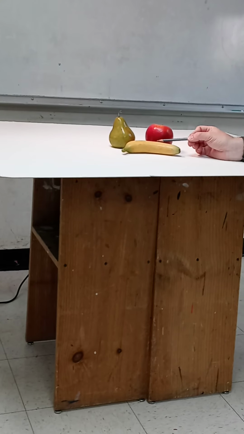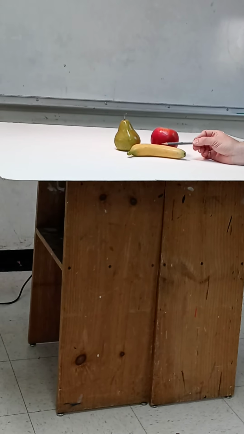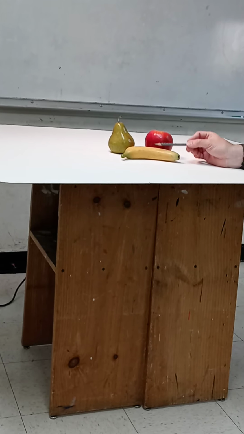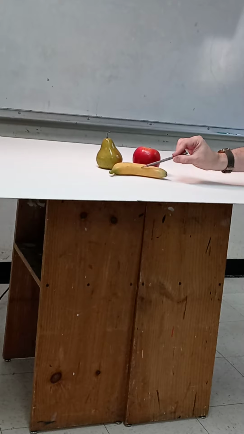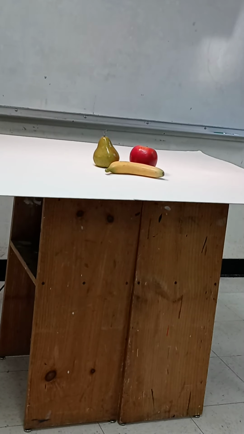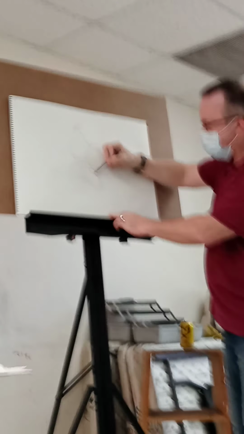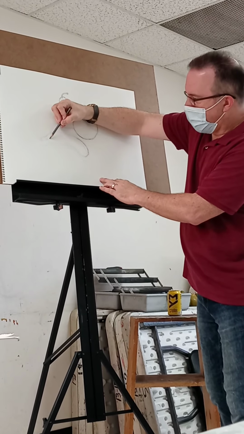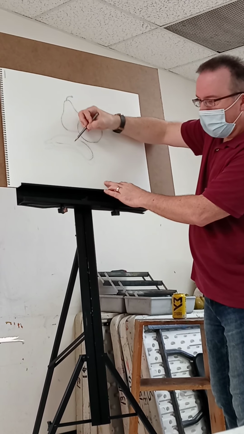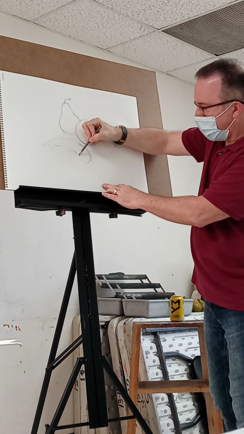Bananas have planes to them. This is one plane, the top plane, then it falls off to the side plane. Whether you may have noticed it before or not, bananas have a really interesting series of little lines that indicate where the planes are.